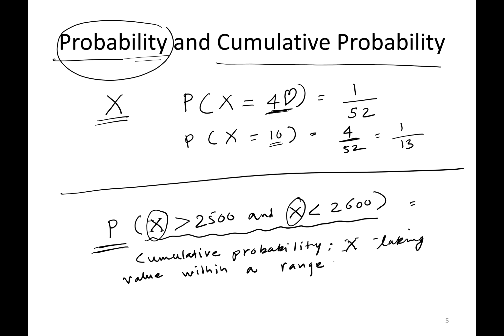And the most common probability that we are going to see and use in high flows and flood frequency analysis is X greater than a certain value Q. This probability that X or Q, any random variable, equals or exceeds a certain value is called exceedance probability.